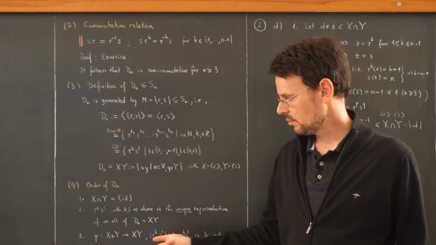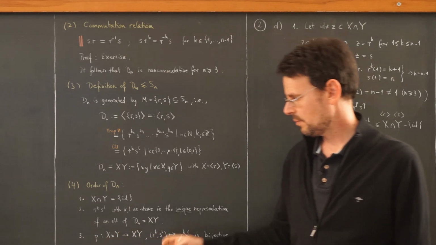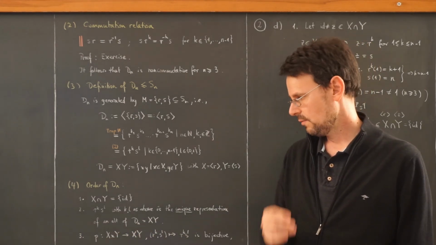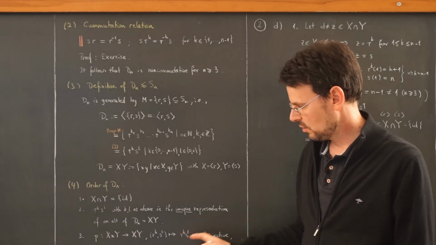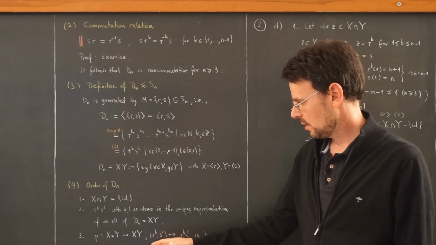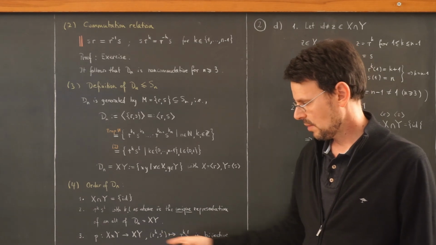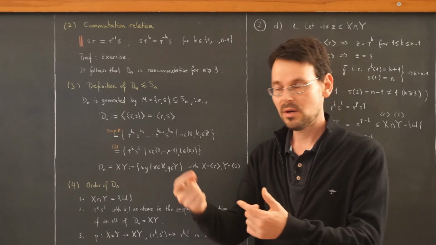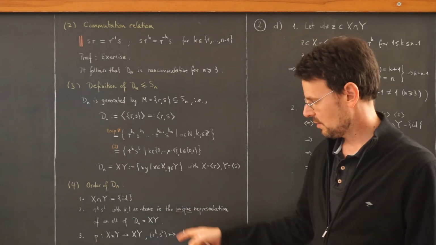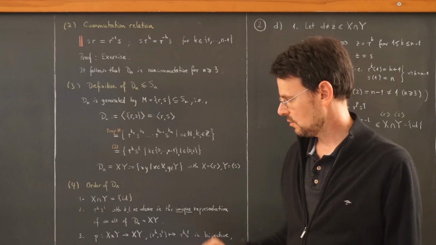Okay, now we are done because the bijectivity of this map was already explained in the video of lesson 9. This is exactly when I have unique representation. This map here is injective because two different powers of R or S being mapped to the same element would contradict this uniqueness.